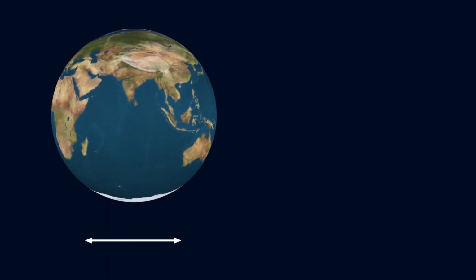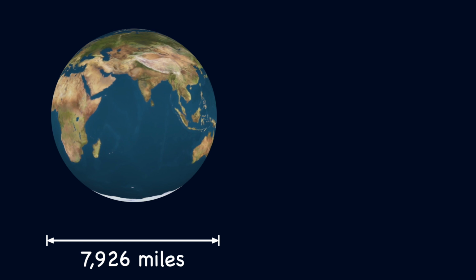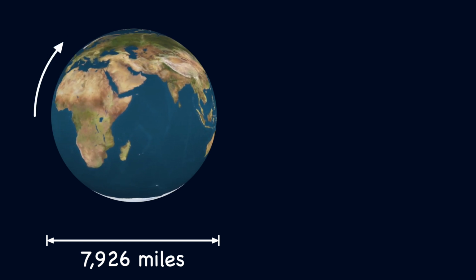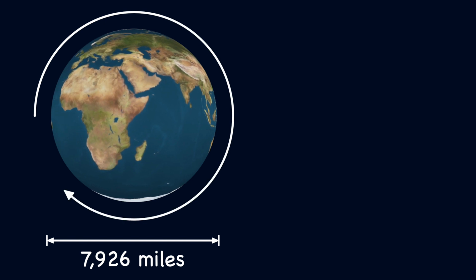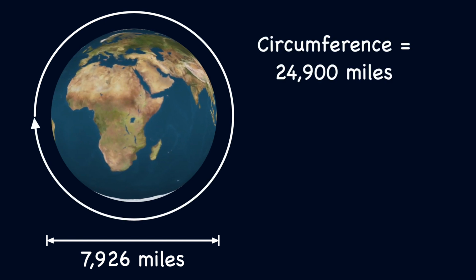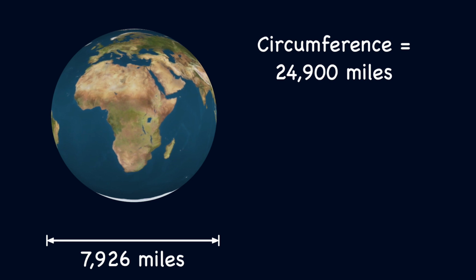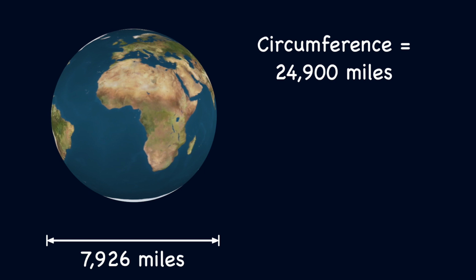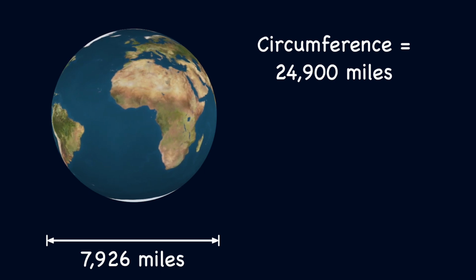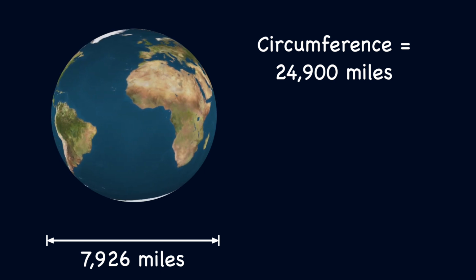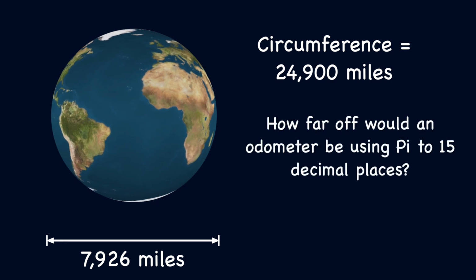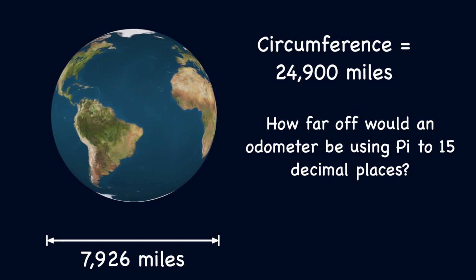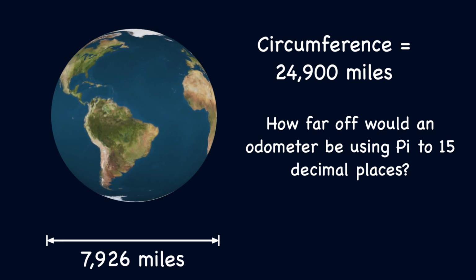The planet Earth is 7,926 miles in diameter at the equator. The circumference then is 24,900 miles. That's how far you would have to travel if you circumnavigated the globe. And don't worry about hills, valleys, obstacles like buildings, waves on the ocean, etc. How far off would your odometer be if you used the limited version of pi to 15 decimal places?